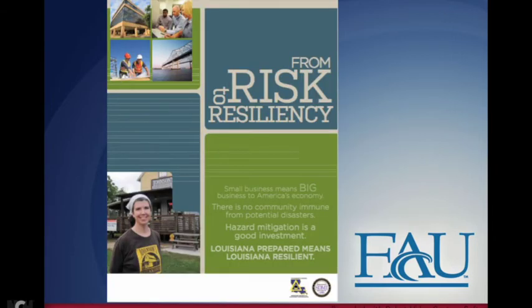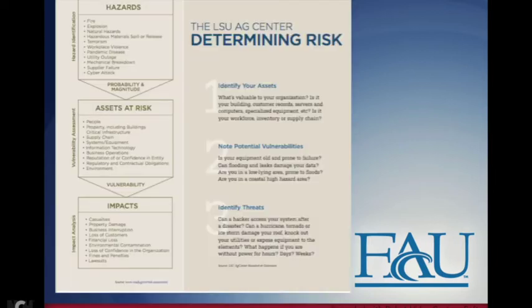Moving to the report From Risk to Resilience, which the Louisiana Governor's Office of Homeland Security and Emergency Preparedness and the Stephenson Disaster Management Institute put together. We see here trying to understand hazard mitigation, determining risk.